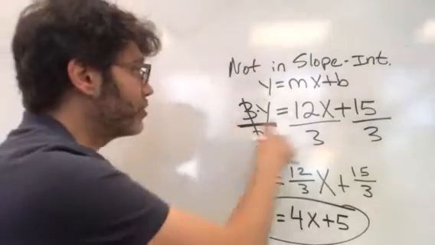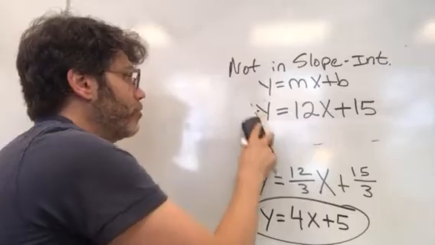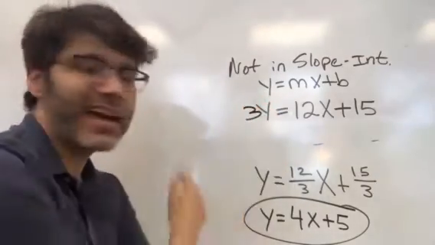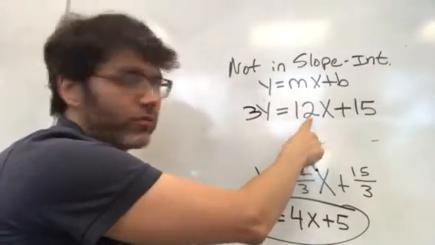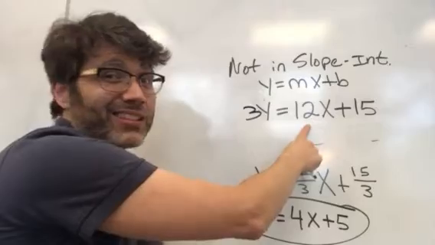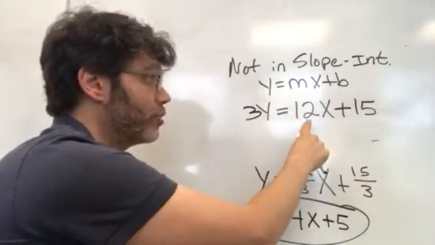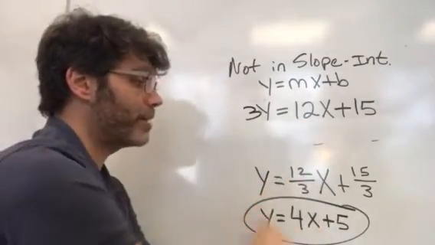If you were to look at this original equation and I asked you, what is the slope and what is the y-intercept? It's not readily clear. You can't say that this is the slope right here. This is not the slope. I know it might be tempting to think that this is what the slope is, but this is only the slope if it's in y equals mx plus b form.